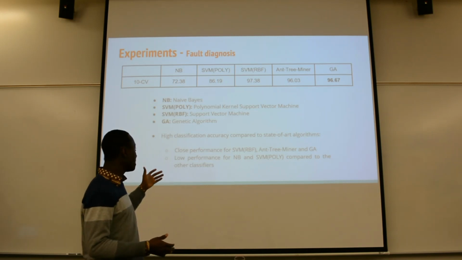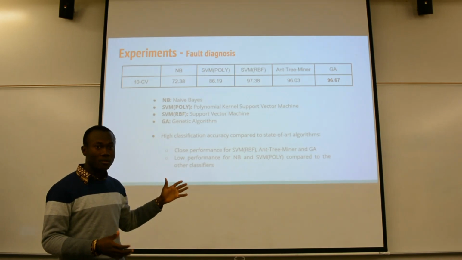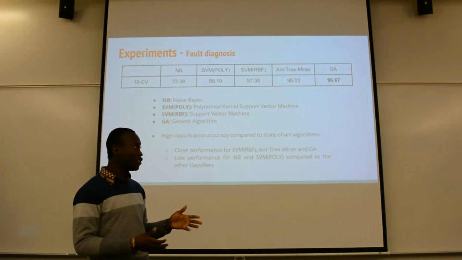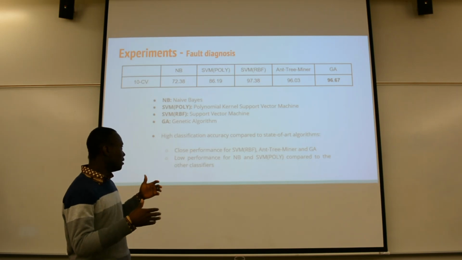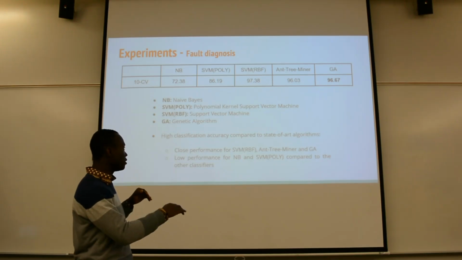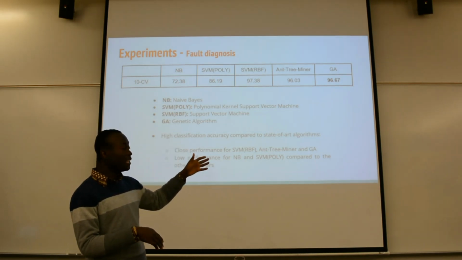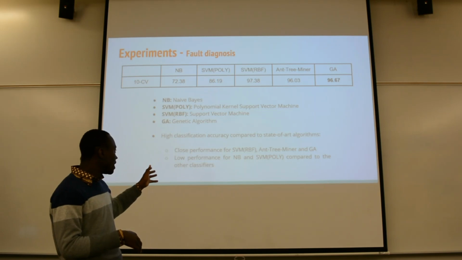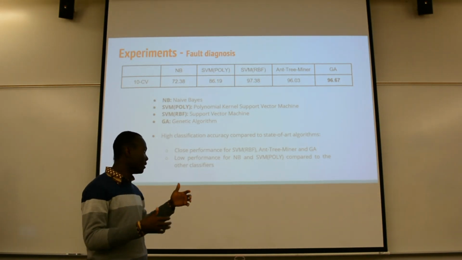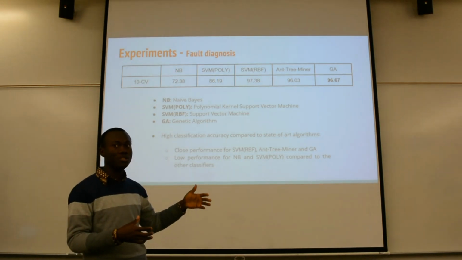Comparisons with naive-Bayes, polynomial kernel support vector machine, and the accuracy out of the computation gives a high accuracy to GA, an accuracy which is similar to SVM and N3 minor, but we can see there is a low performance from NB, naive-Bayes, and SVM polynomial kernel support vector machine.